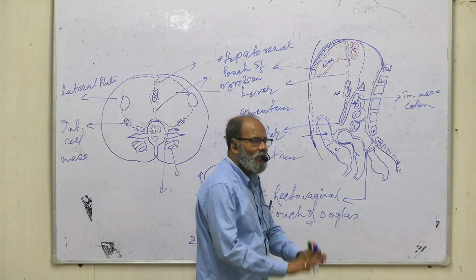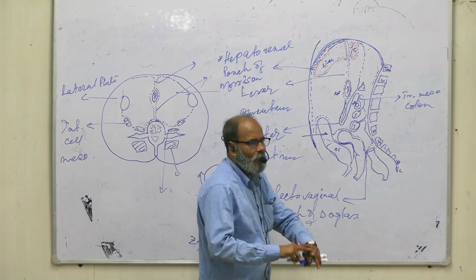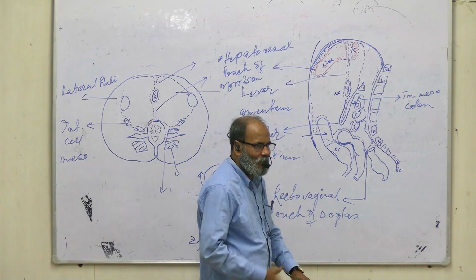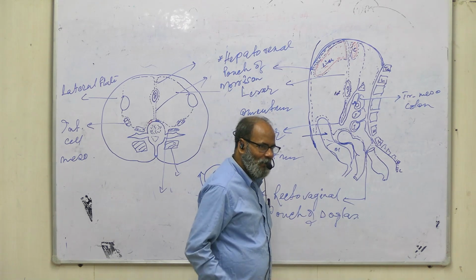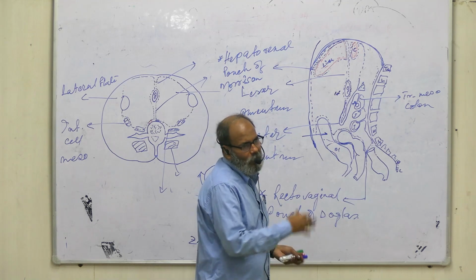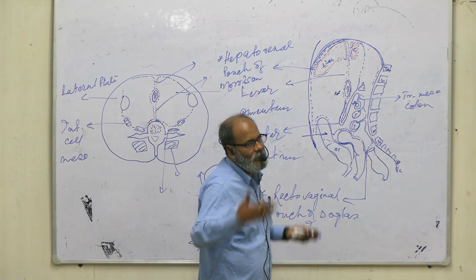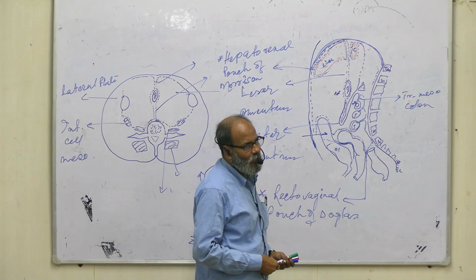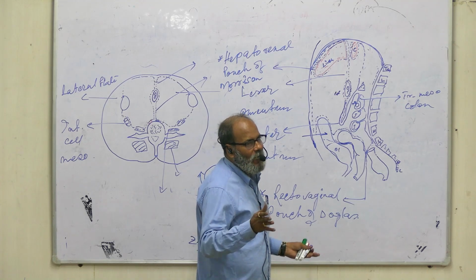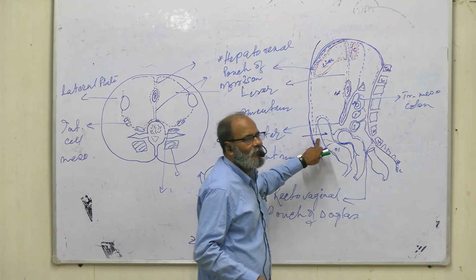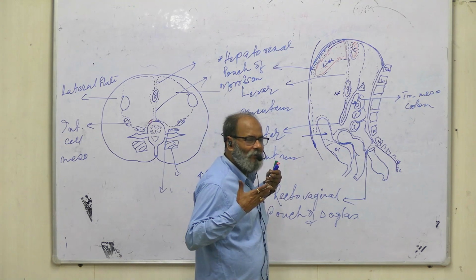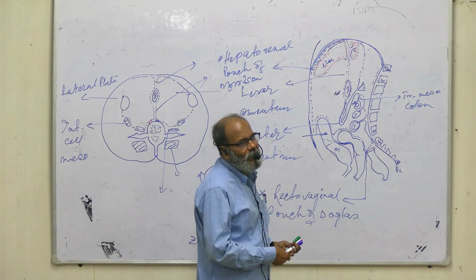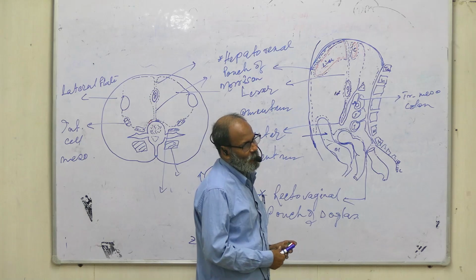So if you palpate, yes, the abdomen is full, and on percussion, yes, there is a dullness over the symphysis pubis area, you can be sure that it is a distended bladder, corroborated by the history that the patient has not passed urine for several hours.